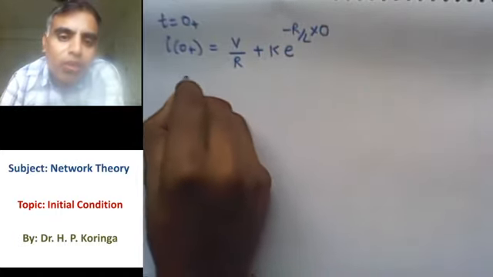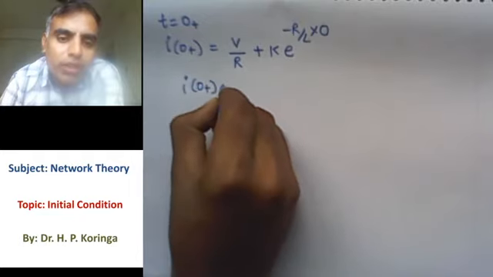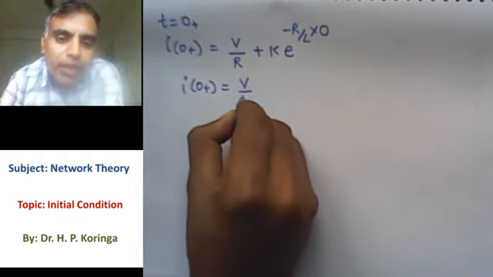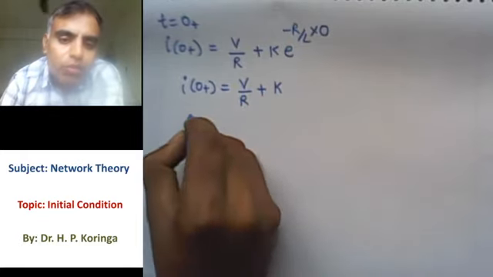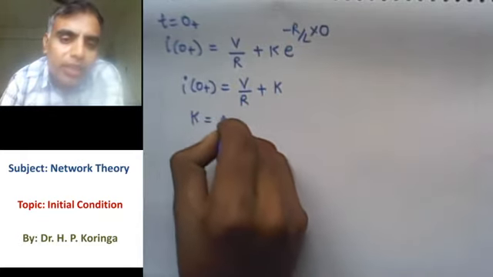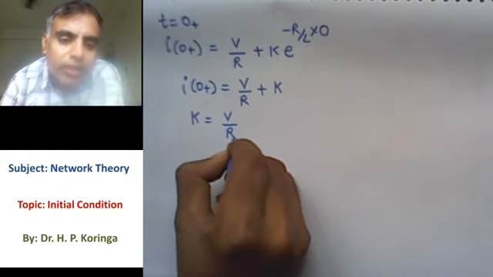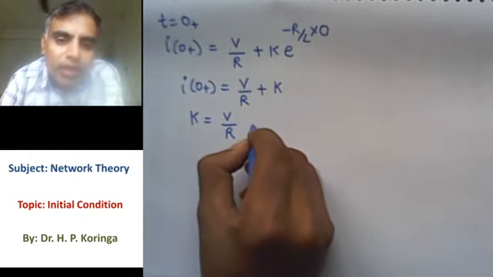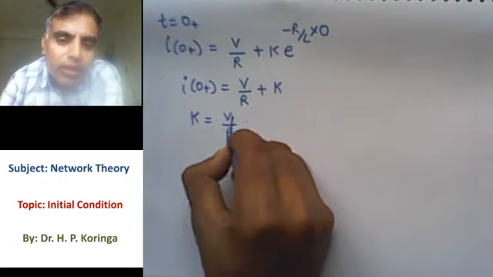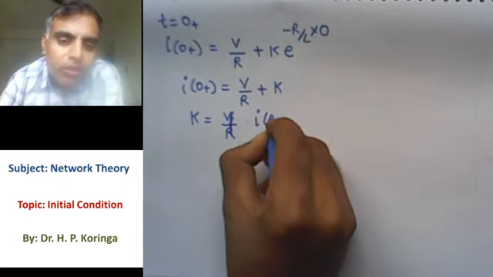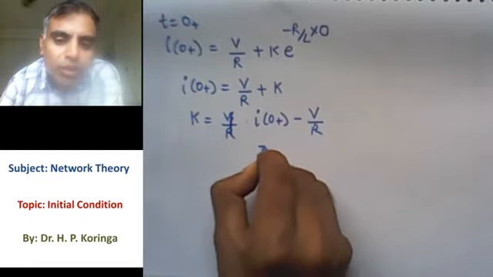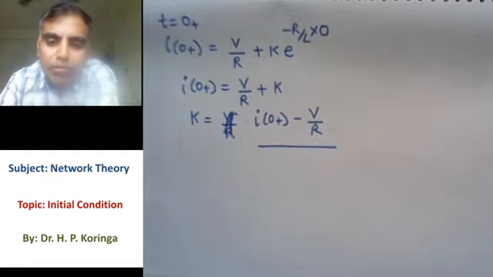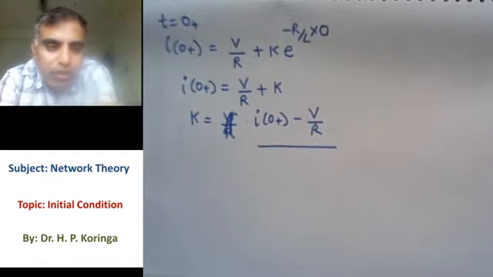So it is I of 0 plus is equal to V upon R plus K e raised to 0, which is 1. So K can be found using this value: I of 0 plus minus V upon R.